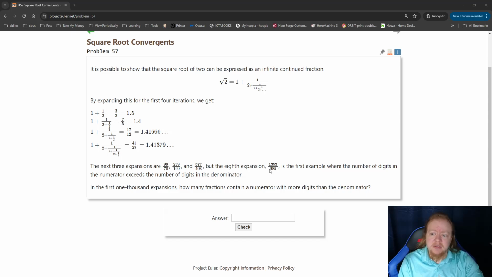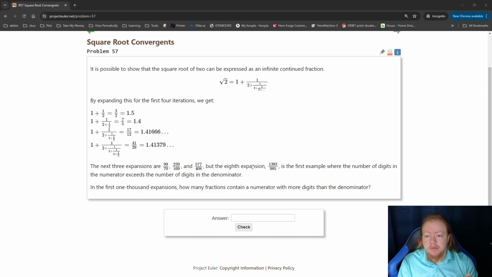But the 8th expansion, 1393 over 985, is the first example where the number of digits in the numerator exceeds the number of digits in the denominator. In the first 1,000 expansions, how many fractions contain a numerator with more digits than the denominator?